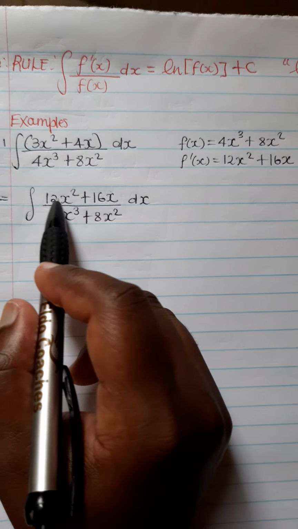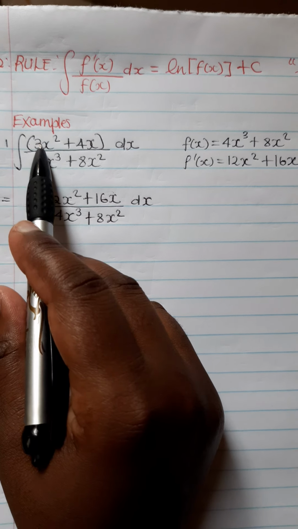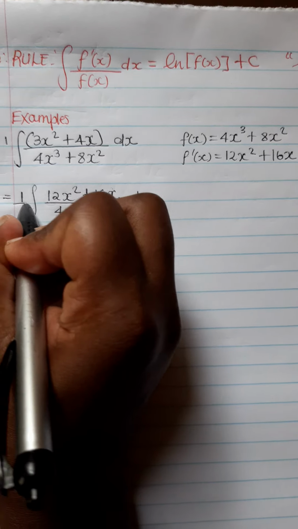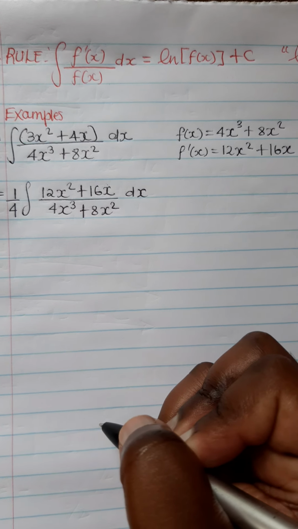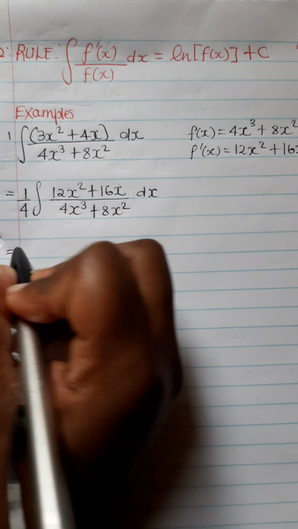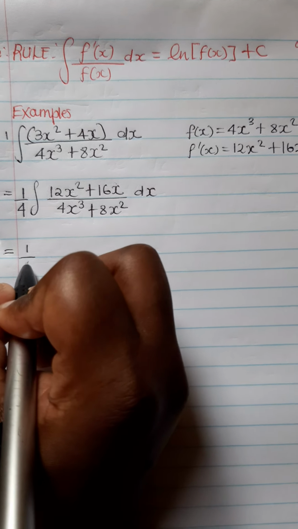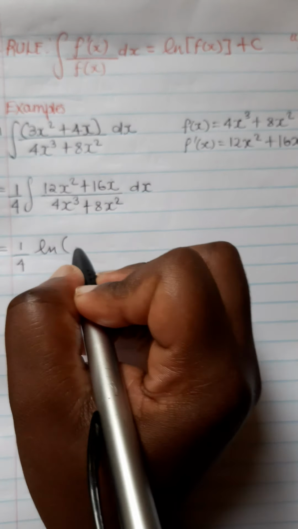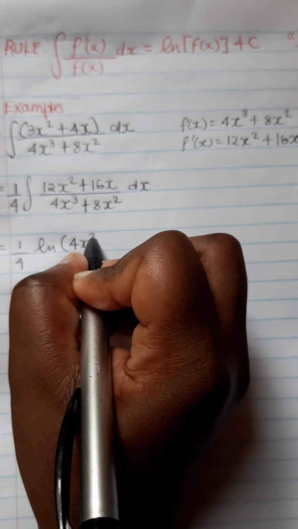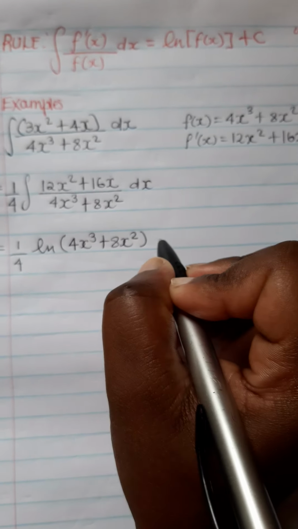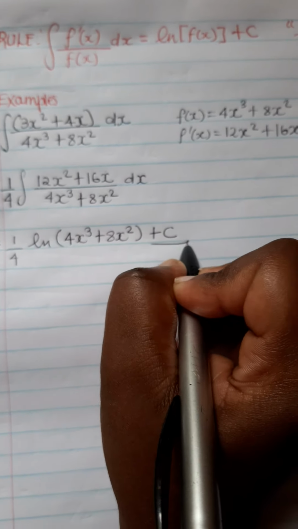So to take this numerator back to this 3x squared plus 4x, we have to multiply by 1 over 4. Then we can apply the rule. So it's going to be 1 over 4 ln of f of x. In this case, our f of x is (4x cubed plus 8x squared), plus c is the answer.